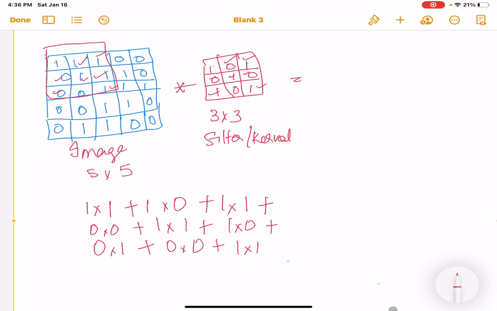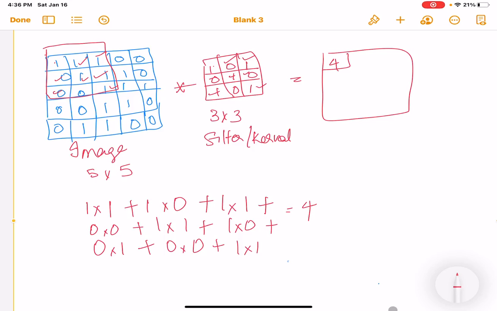And this would give us the answer 4. So now I have 4 after my first kernel operation on my first local receptive field.